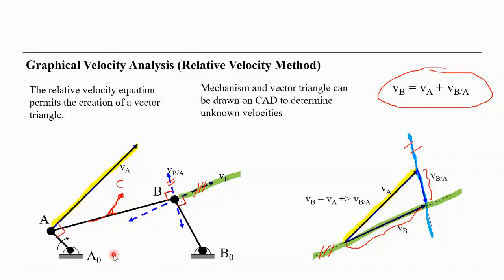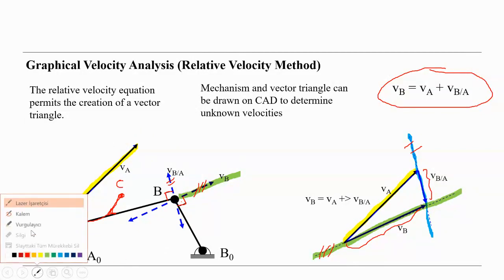And one thing is also known. This is the rotation of the crank, that means A0A rotation. Rotation means RPM.